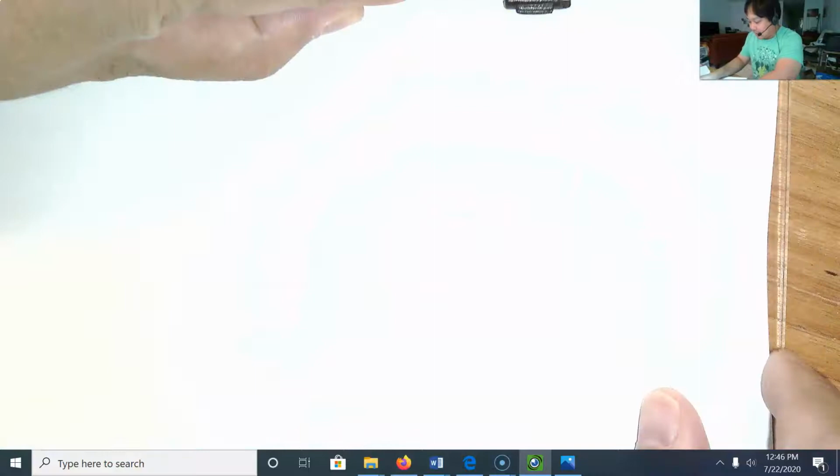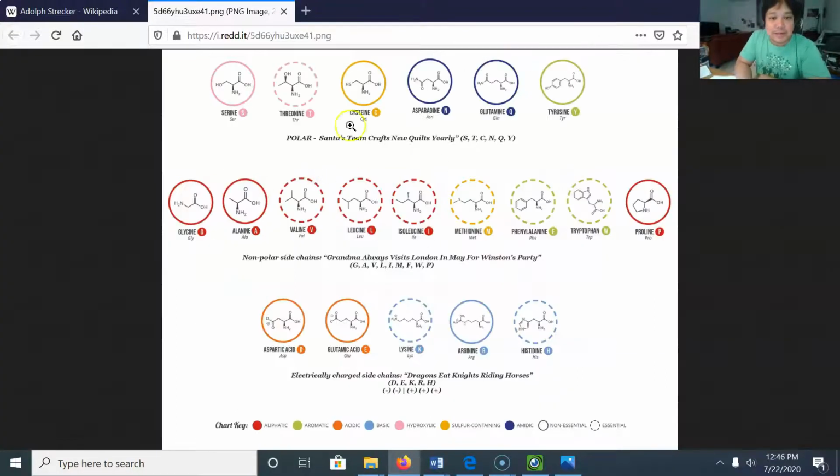What amino acid are we going to look at? Let's go back to our chart. Again, there are 20 amino acids. 11, 12, 13, 14, 15, 16, 17, 18, 19. Good, 20. Let's take, I think Rami mentioned isoleucine, right?